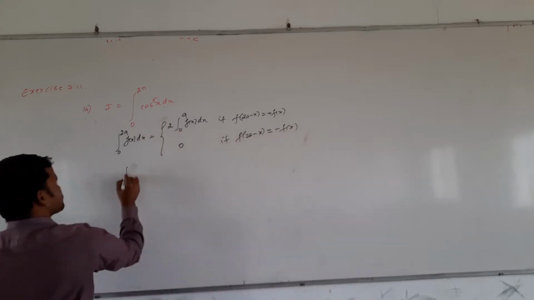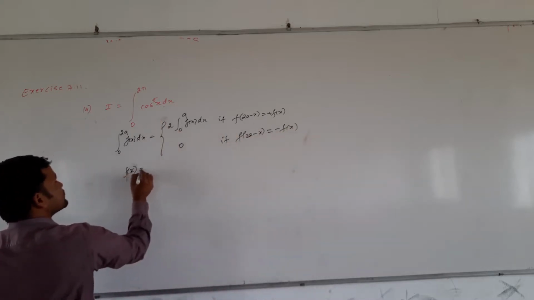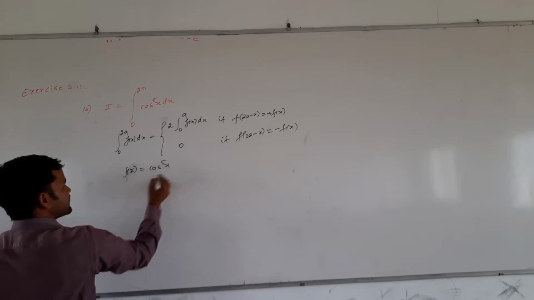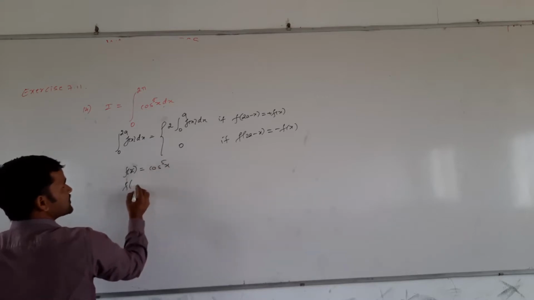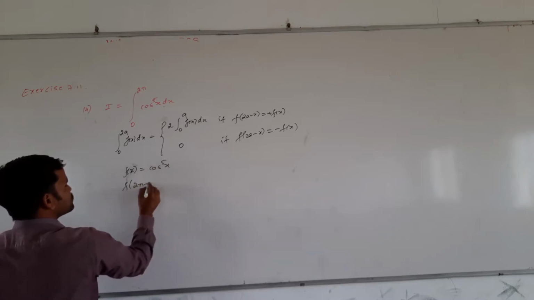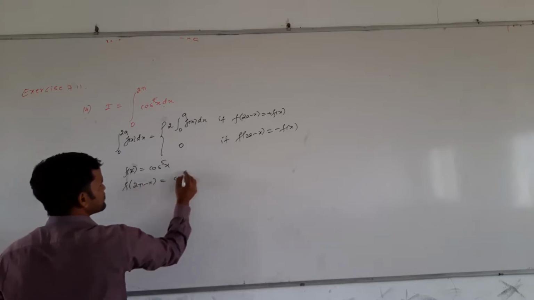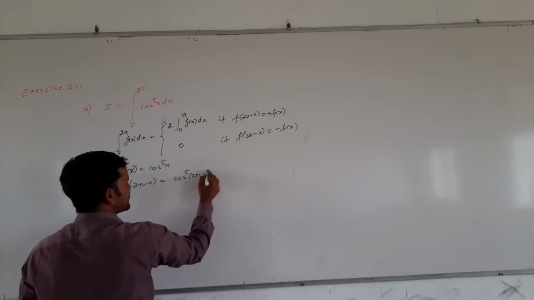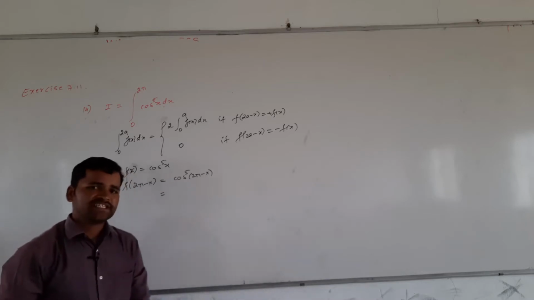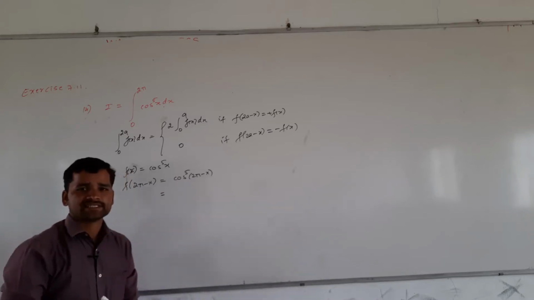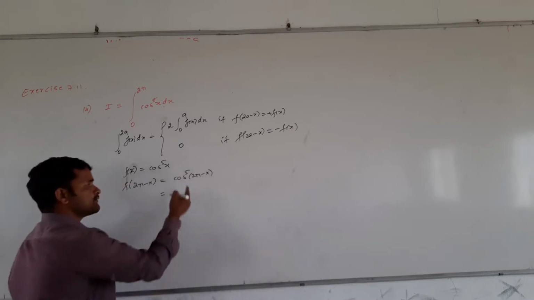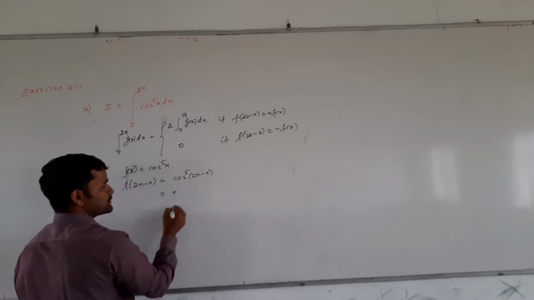Let us check here. f of x is equal to cos raised to 5x. In the same way, f of 2a minus x means f of 2 pi minus x is equal to cos raised to 5 of 2 pi minus x. 2 pi means 360 degrees. 360 degrees minus x comes to the fourth quadrant, where cos is positive.